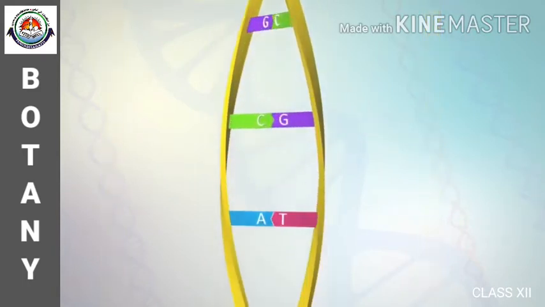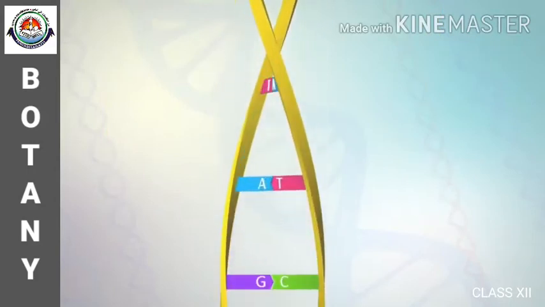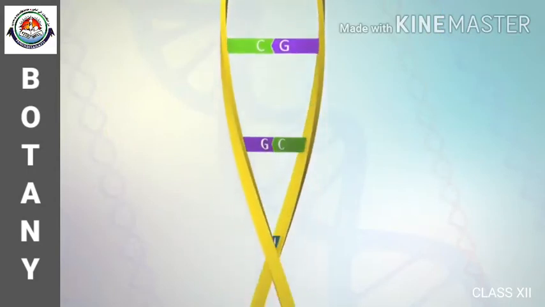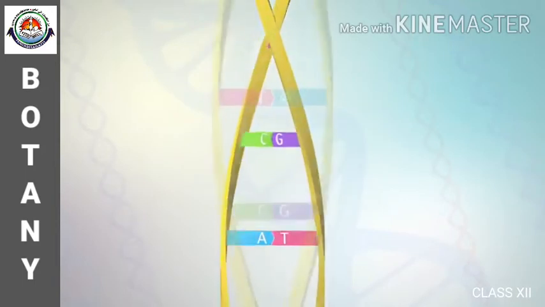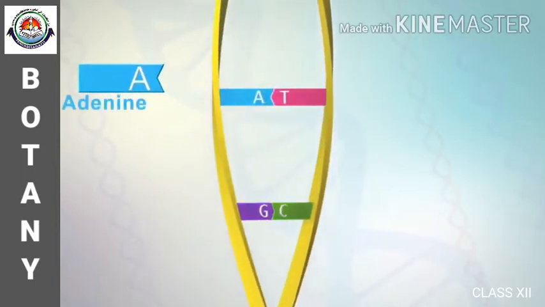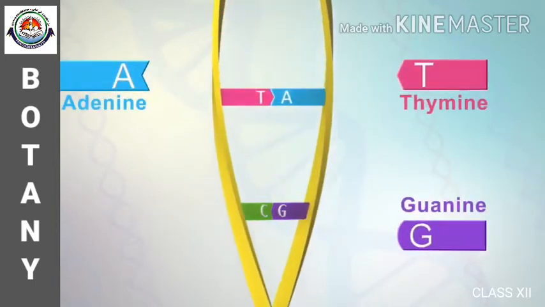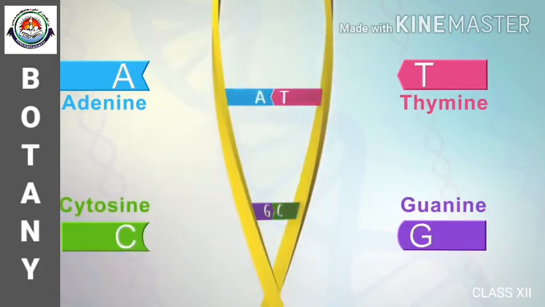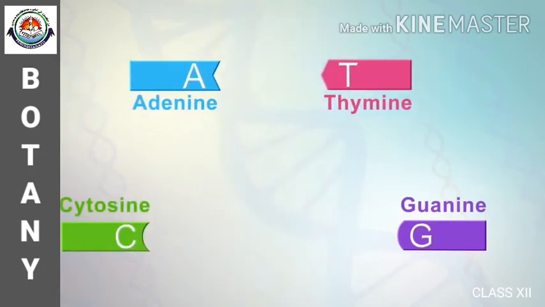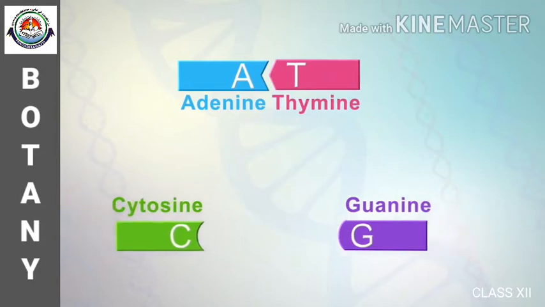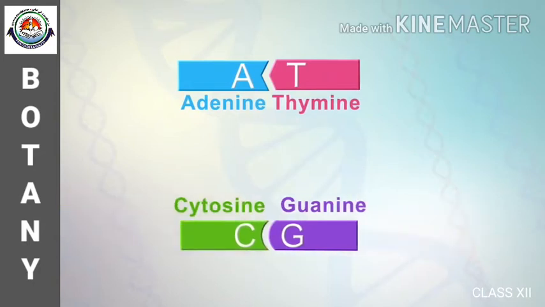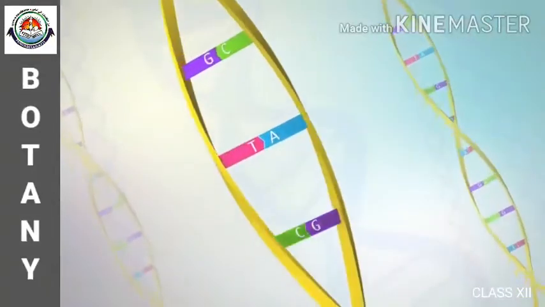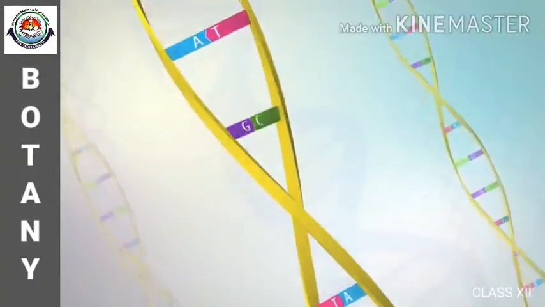The nucleotide has three components: nitrogen base, pentose sugar and phosphate group. The nitrogenous bases are adenine, guanine, thymine and cytosine. Among these, thymine and cytosine are called purines and adenine and guanine are called pyrimidines.